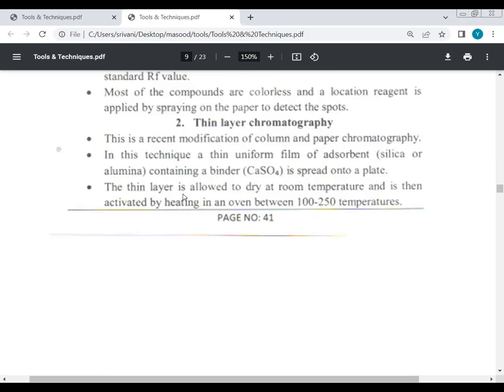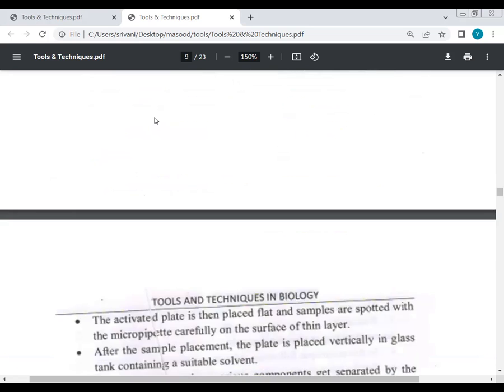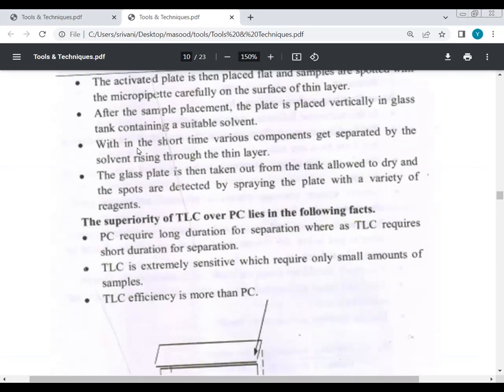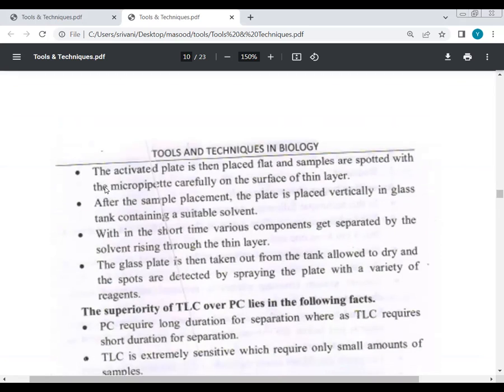The thin layer is allowed to dry at room temperature and is then activated by heating in an oven between 100 to 250 degrees. In an oven, we can dry up that plate. Thin layer chromatography is given here.